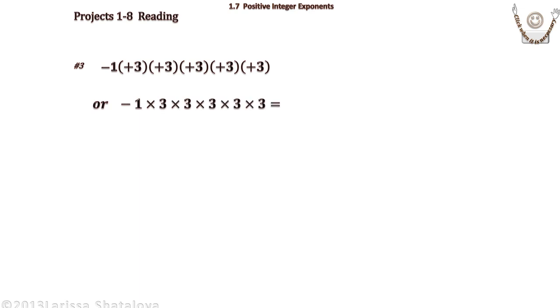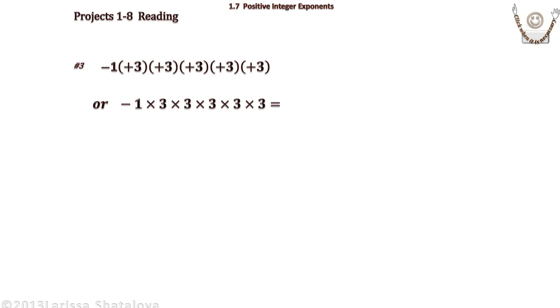Next example. Negative 1 times positive 3 times positive 3 times positive 3 times positive 3 times positive 3. Or it will be like negative 1 times 3 times 3 times 3 times 3 times 3.